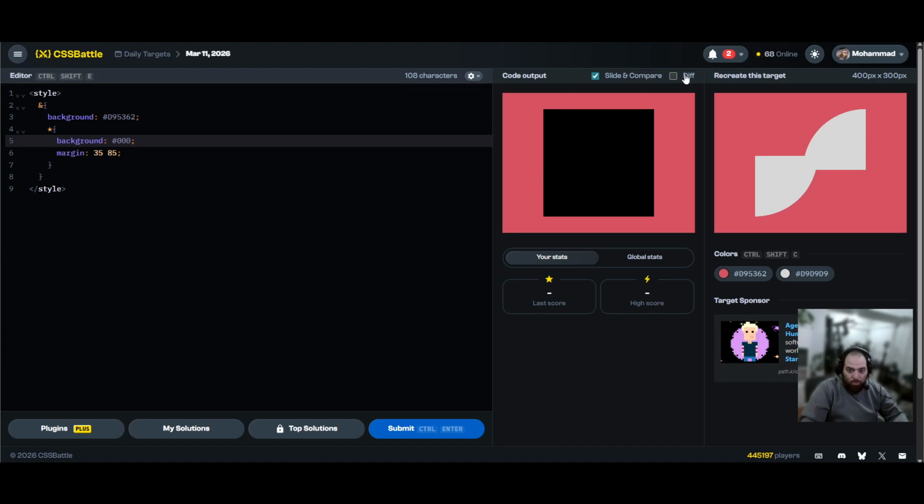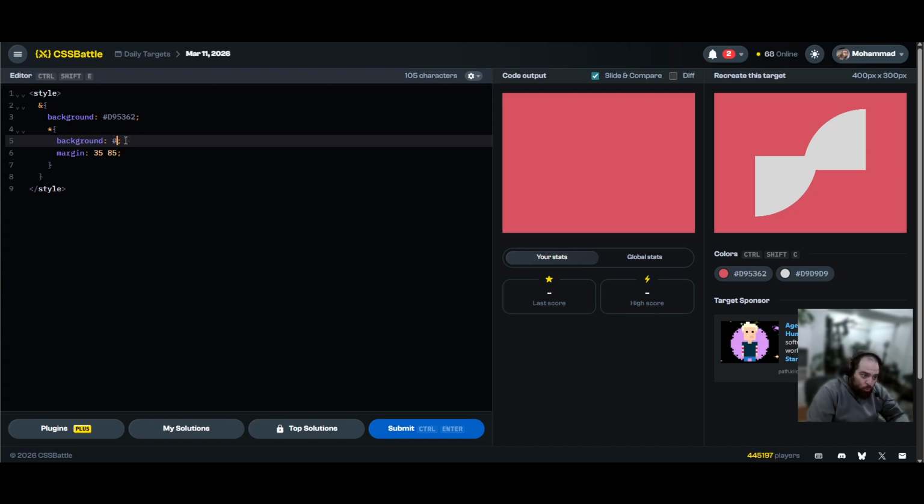Okay, so now I have this. What I'm going to do is put two radial gradients, and the radial gradients are going to be almost exactly the same, right? So we go from, what are we at here? 35 to 65, 165. So 130.